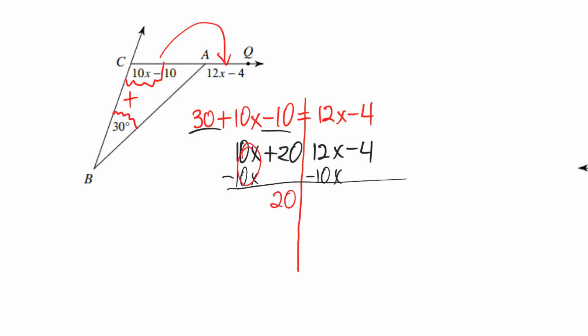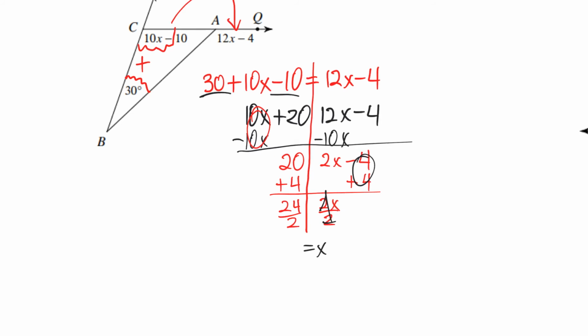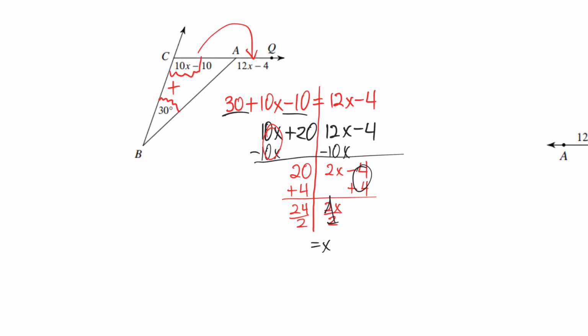We're going to have 20 and 2x minus 4. Then what am I going to do? Plus 4. So 24 equals 2x. Divided by 2. And what does x equal? 12. X equals 12.